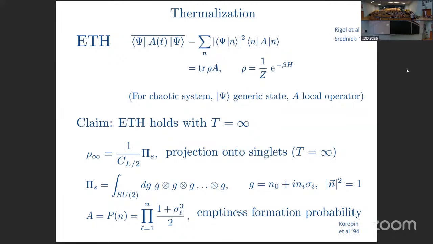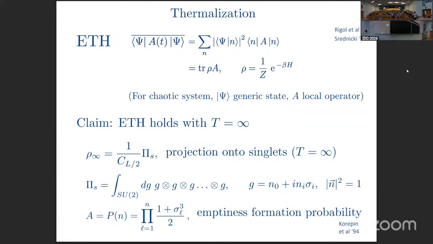And this object we can determine analytically. We do it here in the SO2 spin chain. So at infinite temperature, rho is simply a flat distribution over all states. And since our black hole state consists of singlets, this rho in the infinite temperature limit is simply a projection onto singlet states.